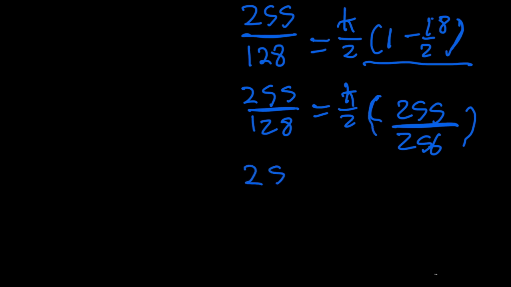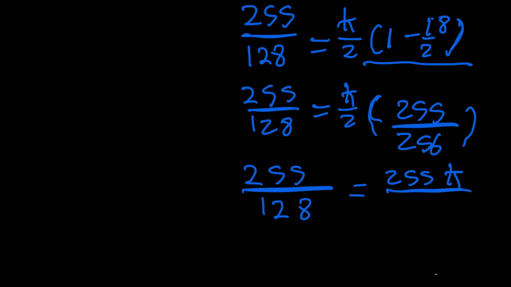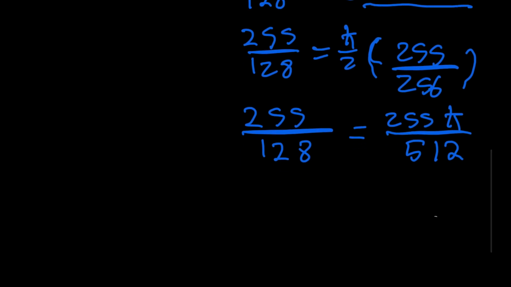It's 255 multiplied by the bracket, 128 is equal to 255K, and then 256 times 2, so we have 512 there.